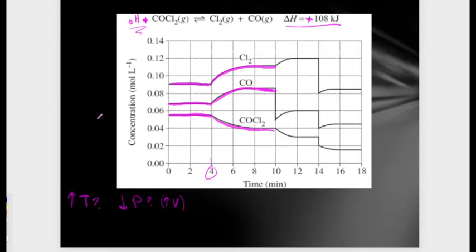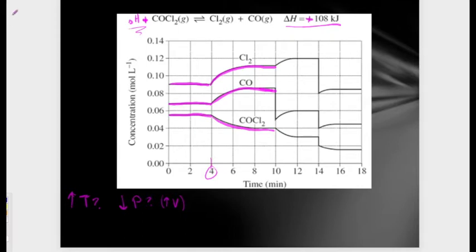Now here's something we've not talked about, and you guys need to get this down. Pressure changes. How will a system respond if we change the pressure? The system will respond by favoring the side that has more gaseous moles in order to increase the pressure again. Let me say that one more time.